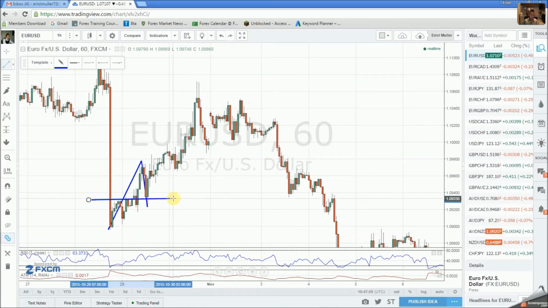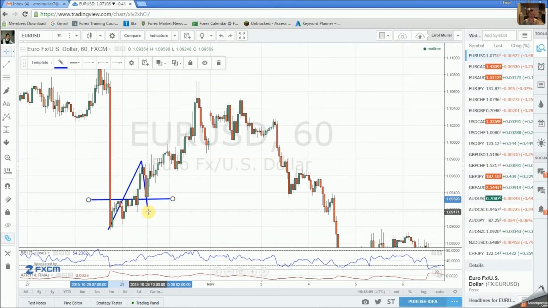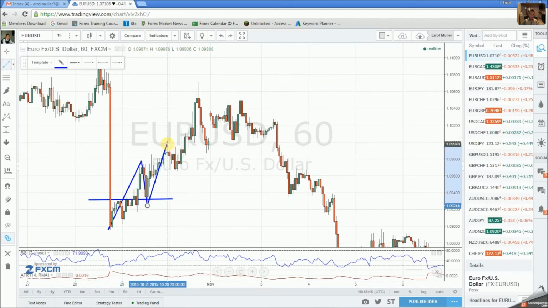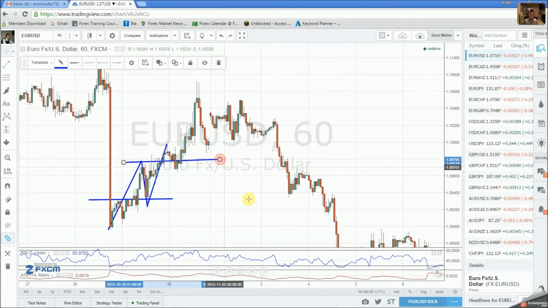Previous structure resistance. Here we managed to break structure. We moved all the way up, we came back down, and previous structure resistance now becomes structure support. From here on, we managed to move up, and we've got a break of structure.